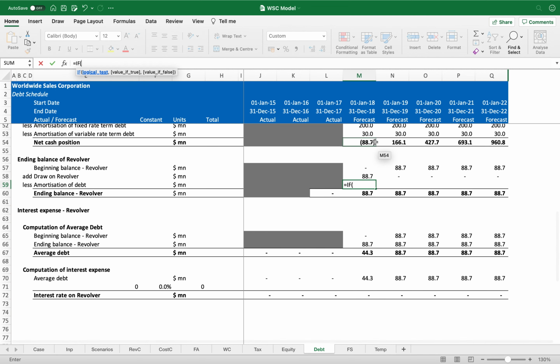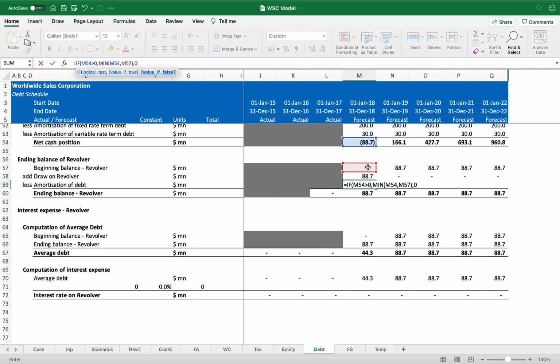So if the net cash position is greater than 0, then minimum of your net cash position or whatever is the opening balance of revolver, because that is what my outstanding balance is, right?